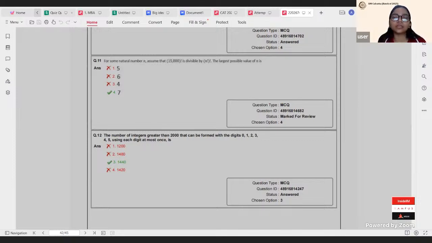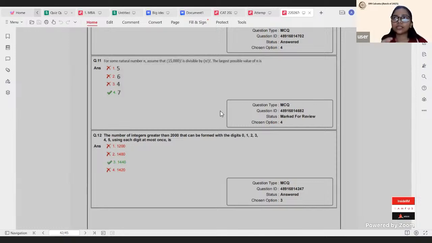So if we consider n factorial to be, suppose, any number k, because factorial just makes it more complicated. So if we consider n factorial to be any positive number k, in that case, we have to basically find the value of n such that k factorial divides 15,000 factorial, right?